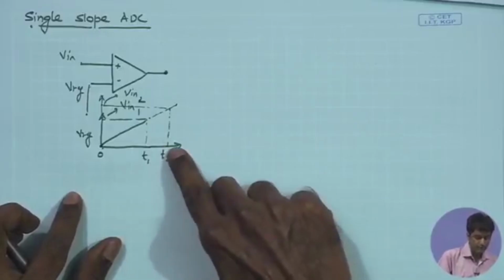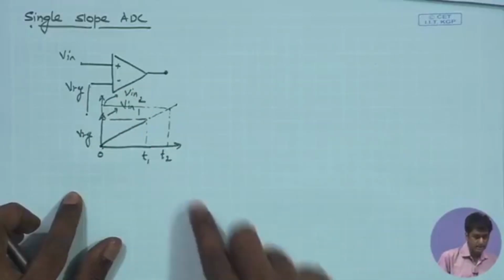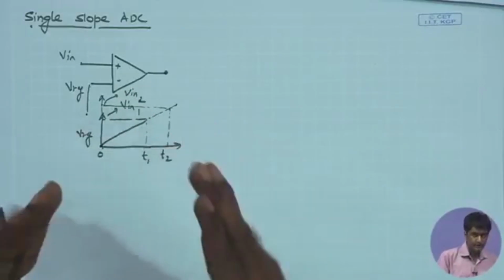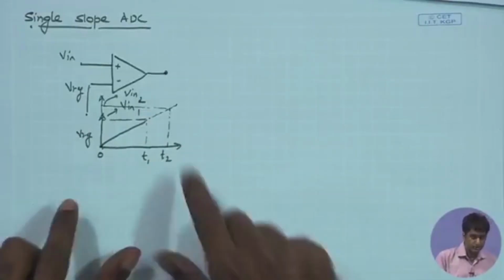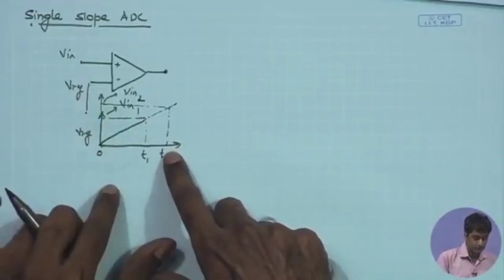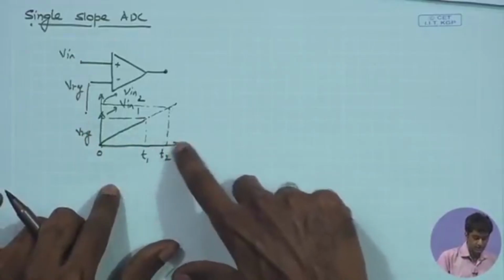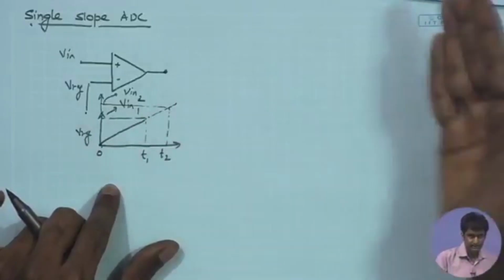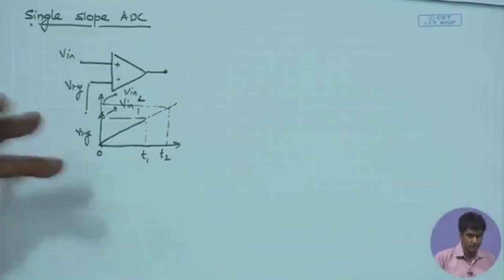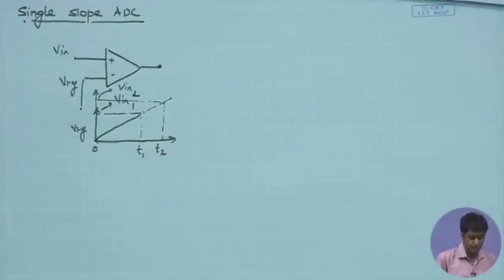So, T2 will have exact proportionality with V in, and as a result the T2, or basically the time of the comparator flipping, captures the magnitude of the input signal. If the input signal is larger, the time of the comparator flipping will also be proportionally larger, exactly proportionally larger. So, it is basically capturing the magnitude of the input signal.